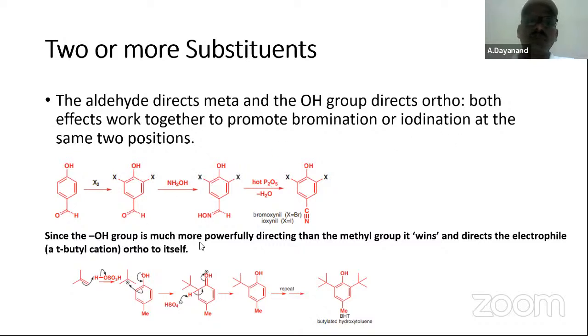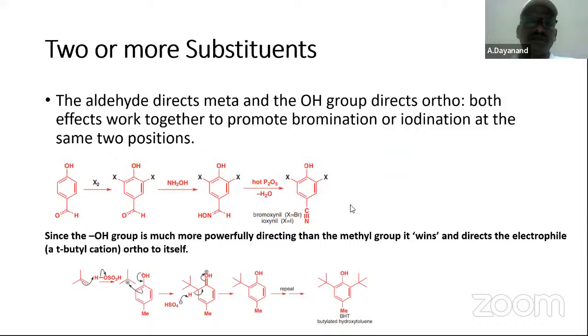Since OH is a more powerful director than the methyl group, it wins and directs the electrophile ortho to itself. Therefore this position is favorable, because it is ortho to OH and meta to the aldehyde group.